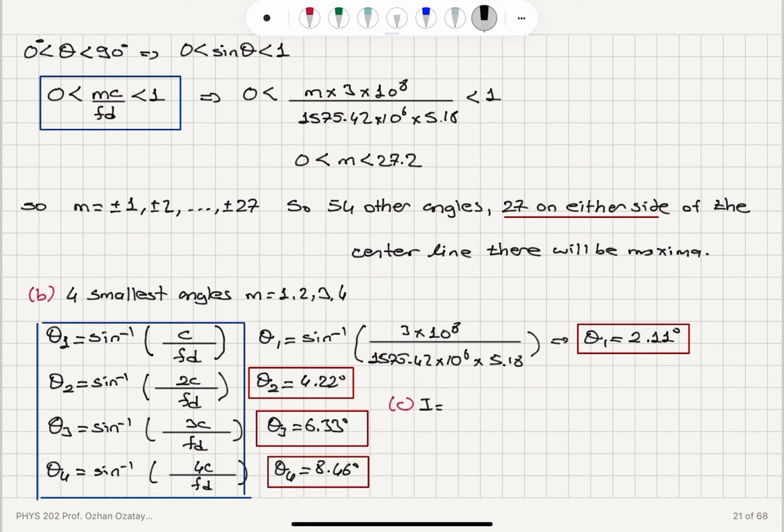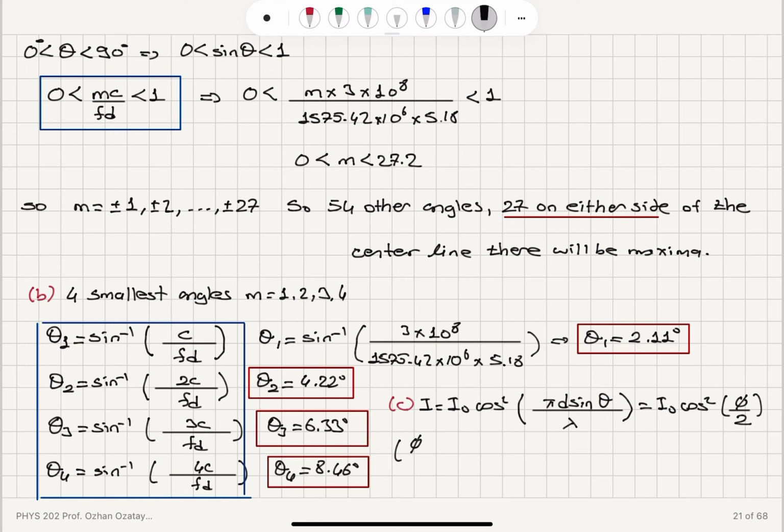Intensity is maximum intensity times cosine square of pi d sine theta over lambda, which is basically equal to the maximum intensity times cosine square of phase difference phi divided by 2. So that's the phase difference between the two sources.